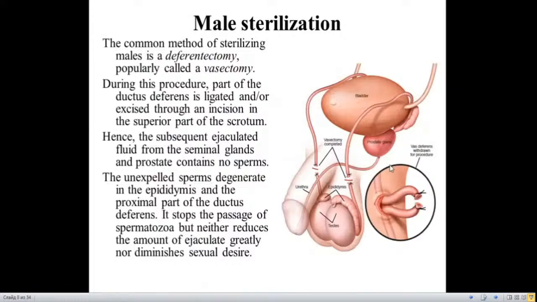One more thing, we said that the function of vas deferens is conduction of sperm from epididymis towards the male urethra. And actually this anatomical and physiological feature can be used in surgery for male sterilization. This procedure is known as vasectomy.